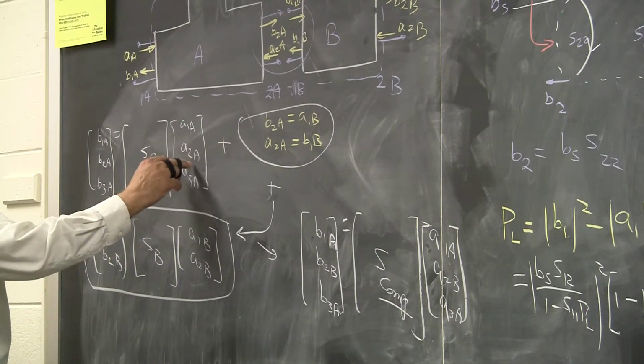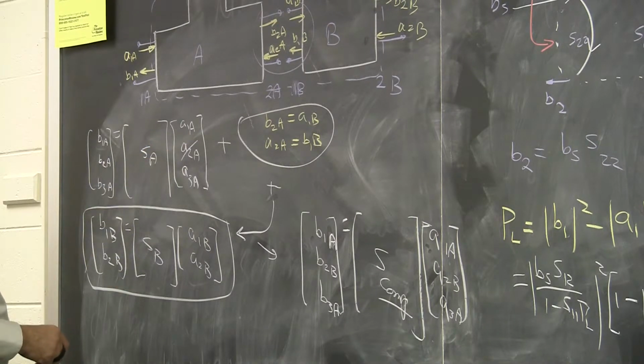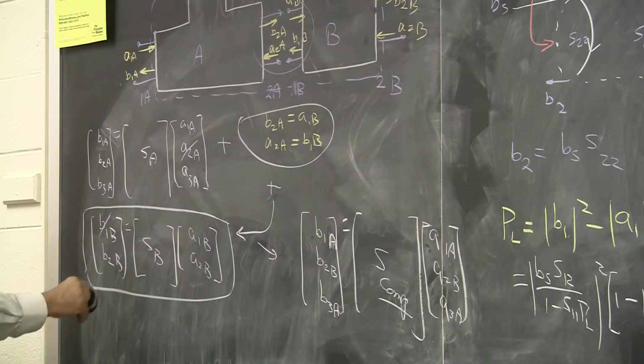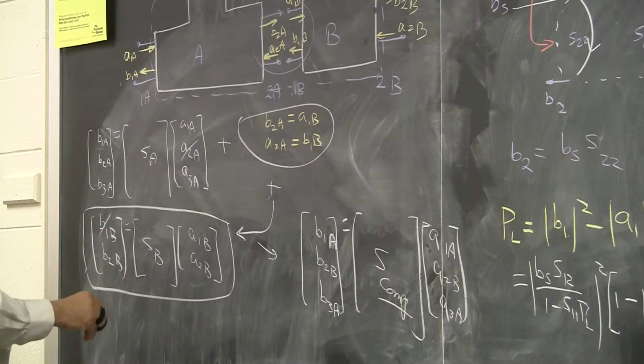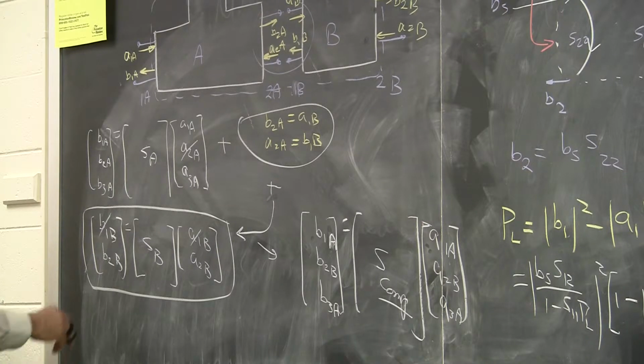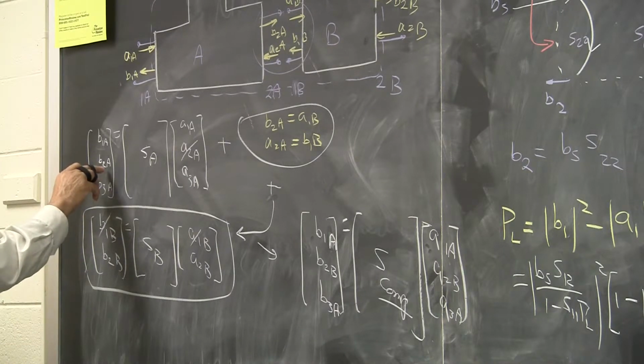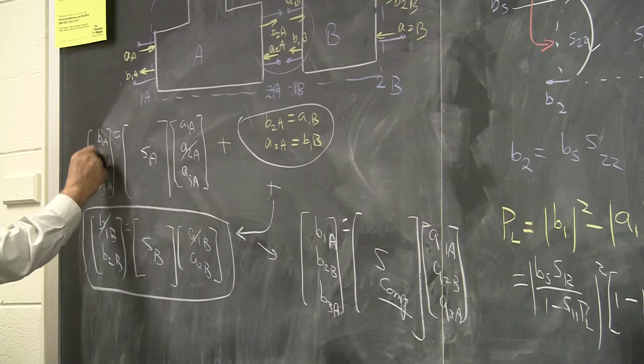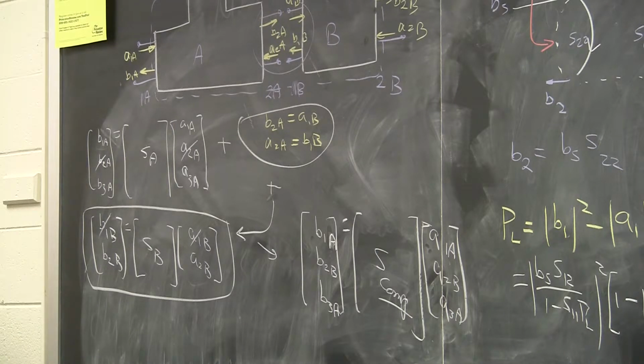The A2A is going to disappear, and the B1B and the A1B and the B2A. These are going to disappear from your equations, and the remainder will reduce them.